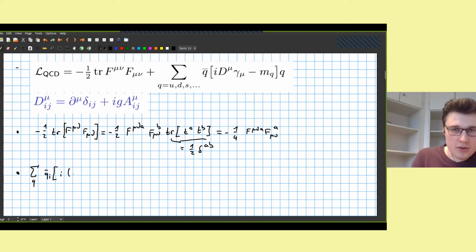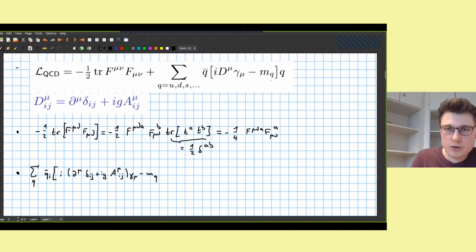So the first term in the square brackets gives us ∂_μ δ_ij plus i g A_μ^{ij}, times γ^μ, minus m_q.